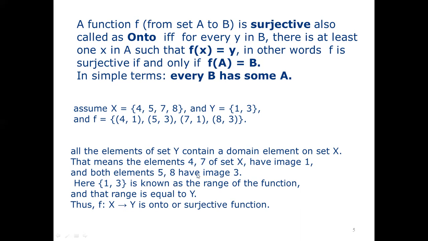That means the elements 4 and 7 of set x have image 1 because 4 and 7 are pointing to 1, and both elements 5 and 8 have image 3. So here 1, 3, this set y, is known as the range of the function, and that range is equal to y. So this f from x to y is an onto or surjective function.